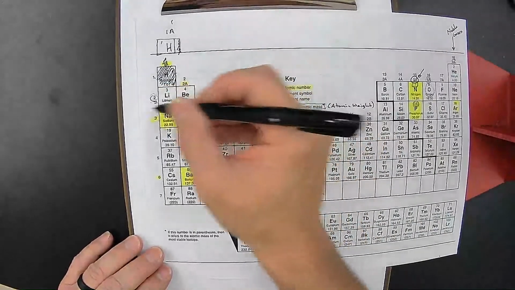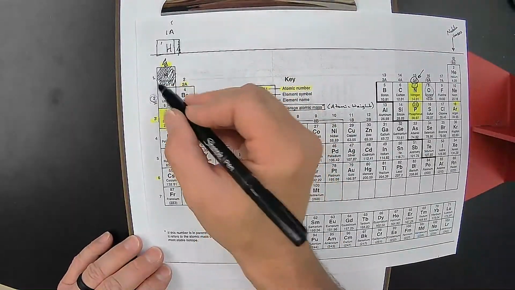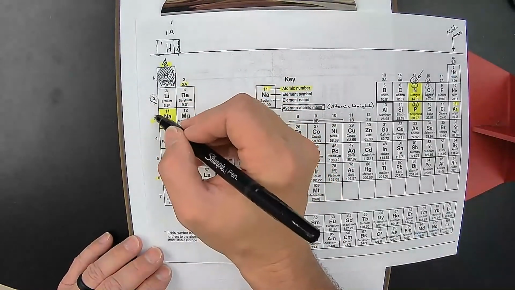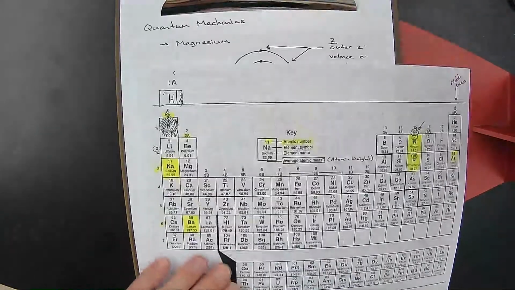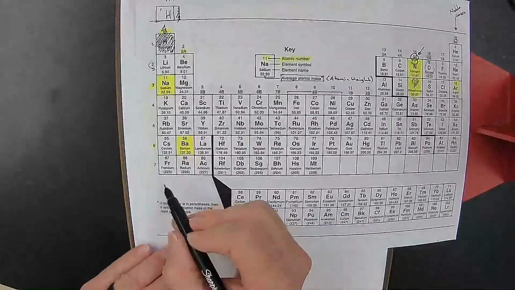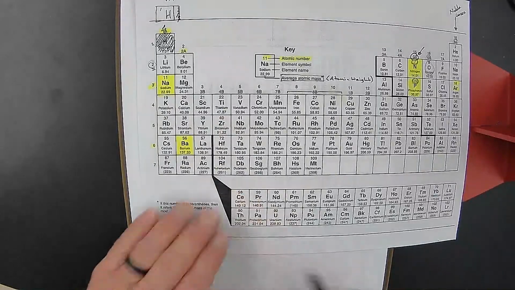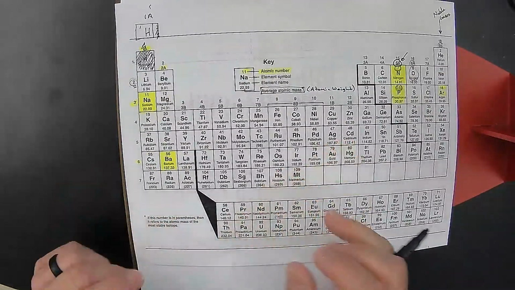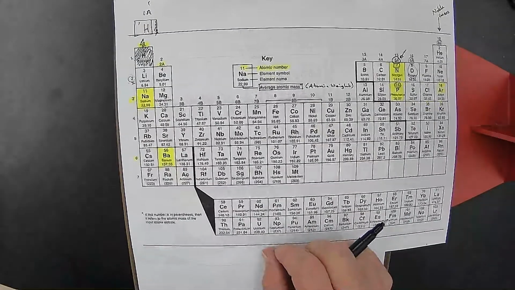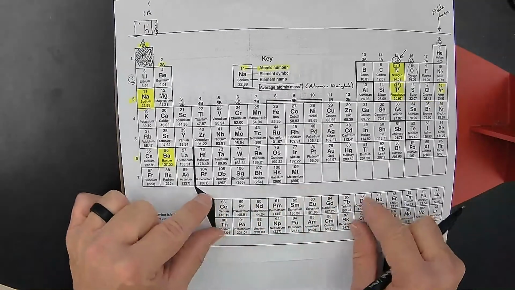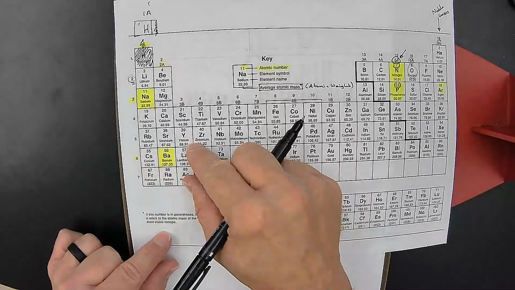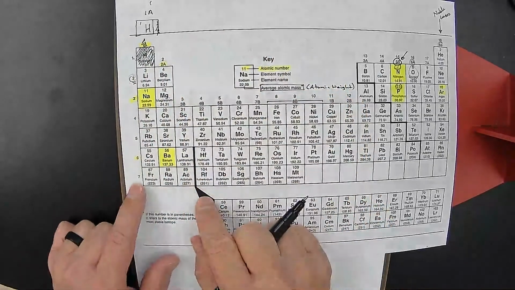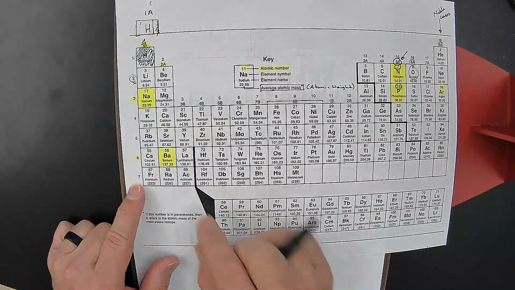Row number 2, row number 3, row number 4. This is energy level 1, energy level 2, energy level 3, and 4, all the way up to energy level number 7. We found out during our last class, when we cut the periodic table up the way it actually should be, these last 2 rows fit into here, so there are only 7 rows on the periodic table.